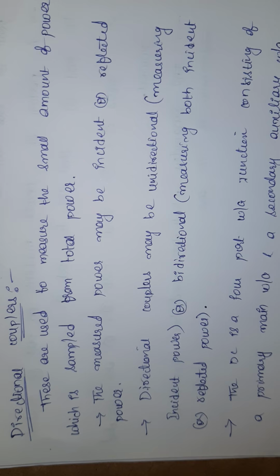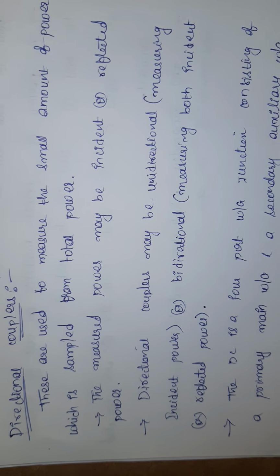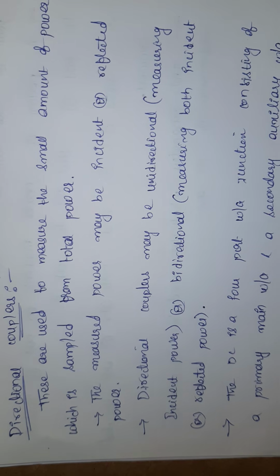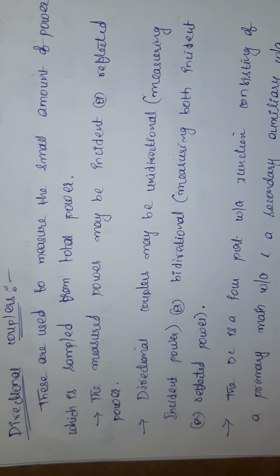How will this measurement happen? A directional coupler is built with one main waveguide and a secondary, auxiliary waveguide. A directional coupler has four ports, constructed with the main waveguide and the auxiliary waveguide.